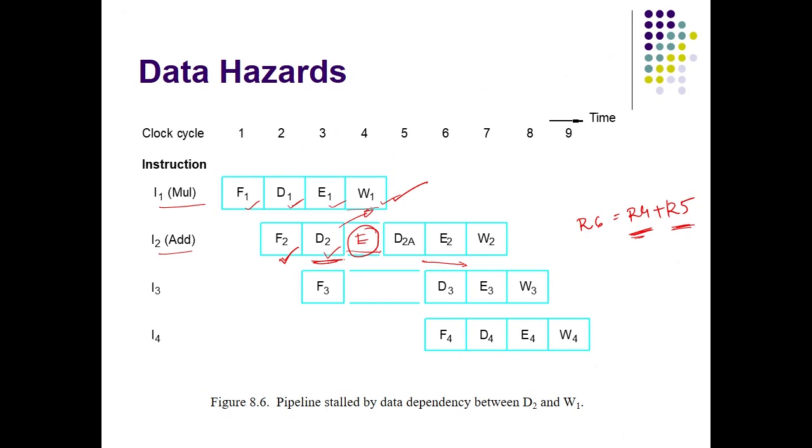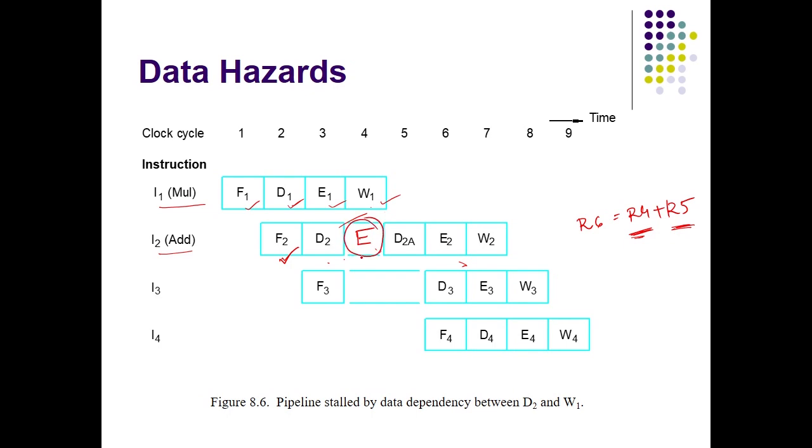Therefore, it should wait, then again start fetching the operand, and only then go for execution. Ideally, if the pipeline goes smoothly, execution should be here, no doubt.